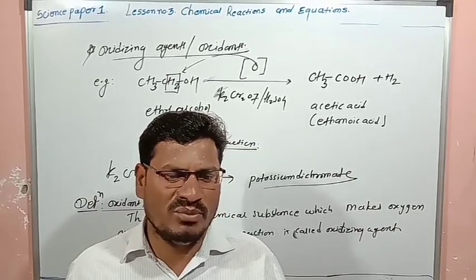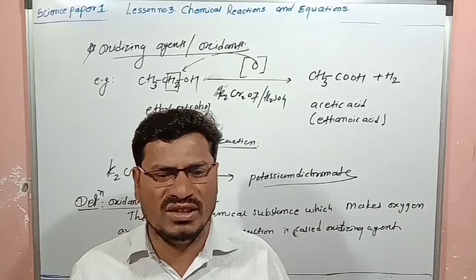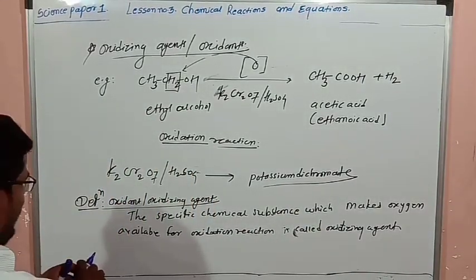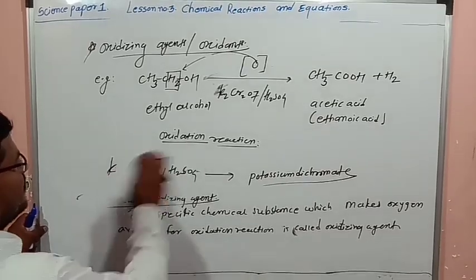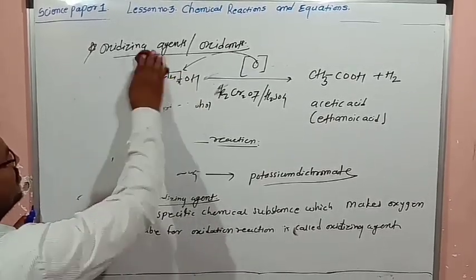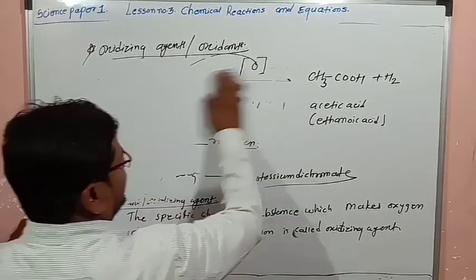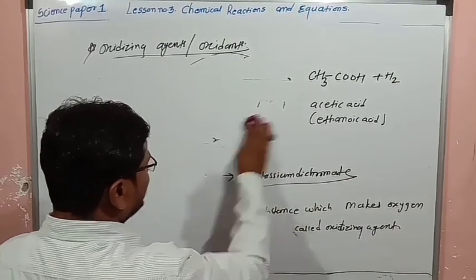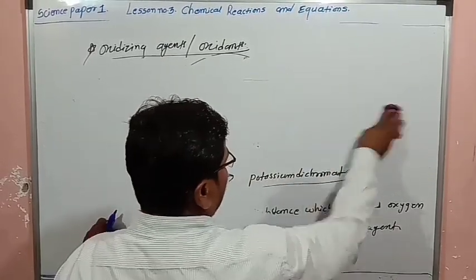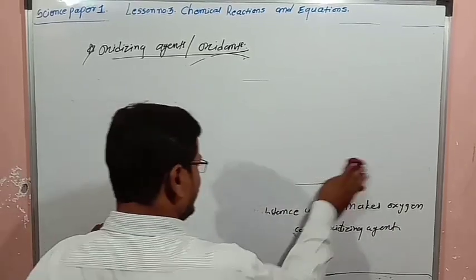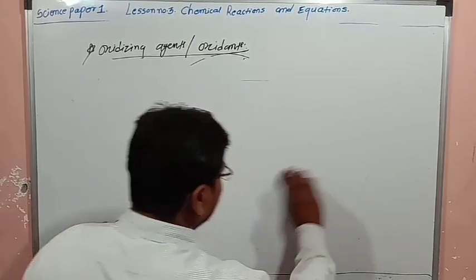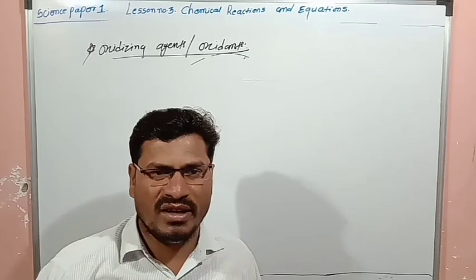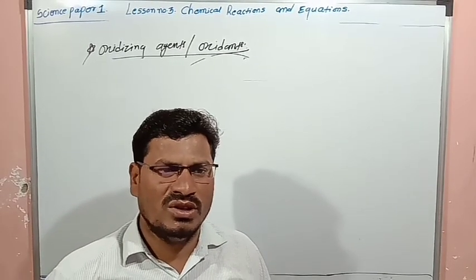Now we are going to learn more examples of oxidants or oxidizing agents. First one is K2Cr2O7 in H2SO4. Second one is KMnO4, potassium permanganate in H2SO4.